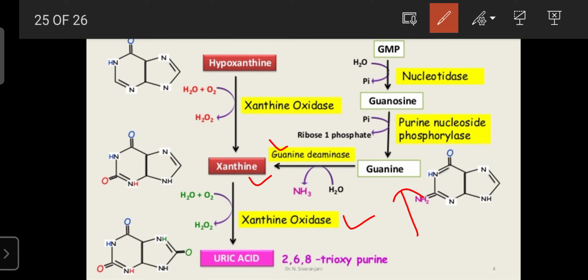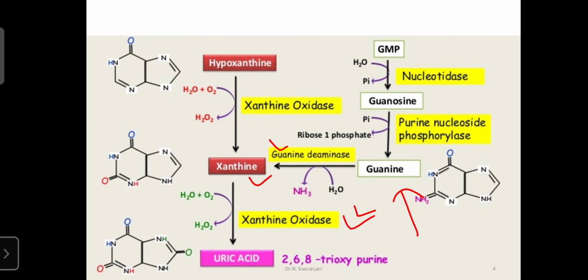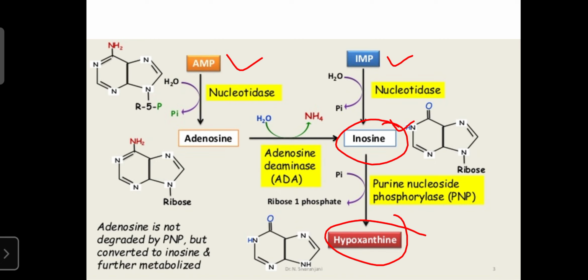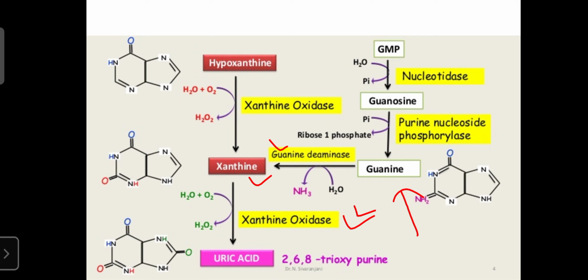So like that, GMP as well as AMP and IMP are catabolized into hypoxanthine in the presence of nucleotidase, deaminase and phosphorylase enzymes. Then hypoxanthine is converted into uric acid in the presence of xanthine oxidase, via xanthine, once again by xanthine oxidase.